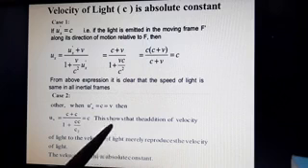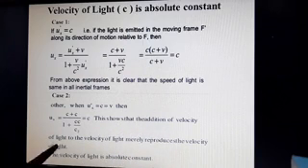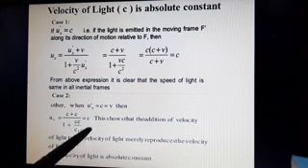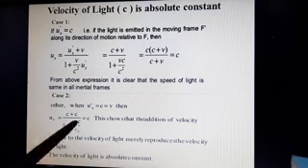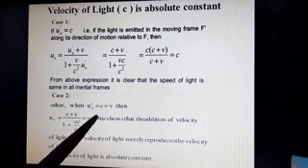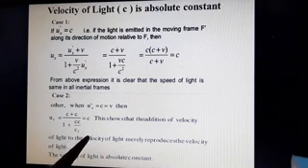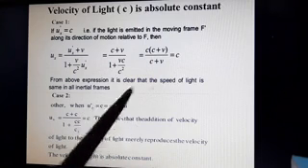This shows that the addition of the velocity of light to the velocity of light merely reproduces the velocity of light. You have already learned in previous classes, maybe in 11th or 12th, that if we add the velocity of light, c plus c, the answer is again c.